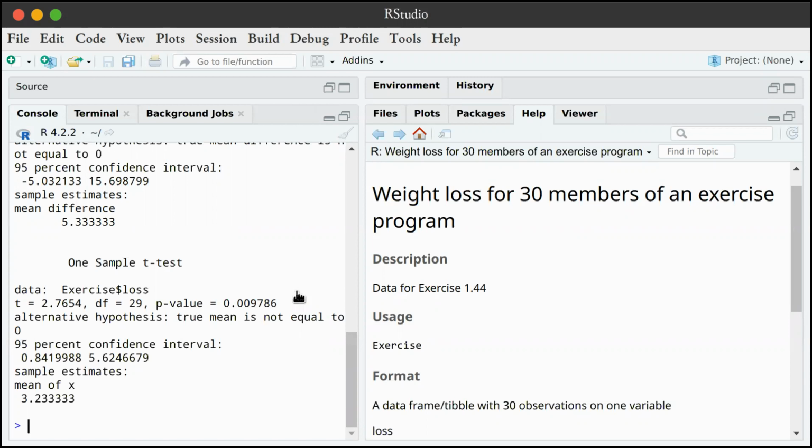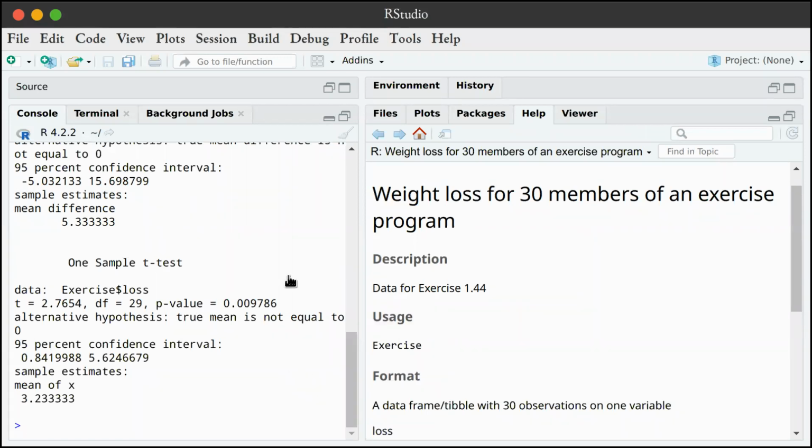P-value 0.009786. It's concluding that the true mean is not equal to 0. The average is 3.2333. The confidence interval is 0.84 minimum and 5.624 maximum.